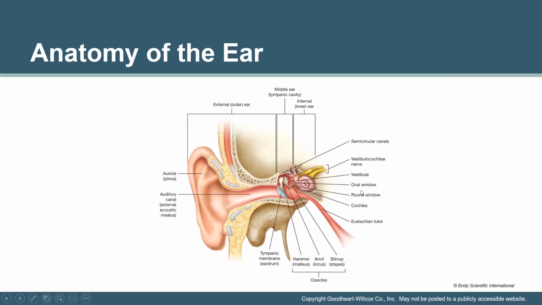So again, cochlea, round window, oval window, a part called the vestibule, the semicircular canals. You also have your vestibulocochlear nerve. If you remember, that is the name of one of your cranial nerves. And then your eustachian tube that will drain that middle ear down into your pharynx.